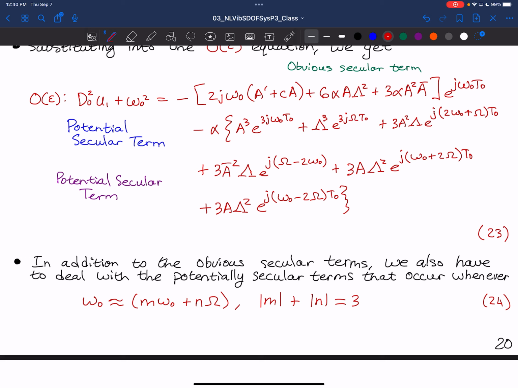And now we can close our curly brace. Minus lambda times the quantity 2j c capital omega plus 3 alpha lambda squared plus 6 alpha a bar, close the square bracket, multiplied by e to the j capital omega t0, and then plus complex conjugate terms.